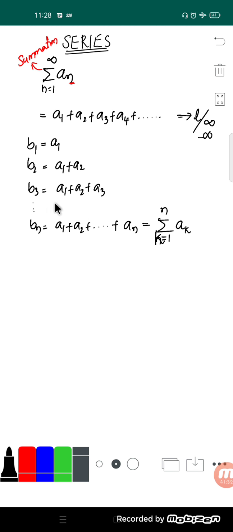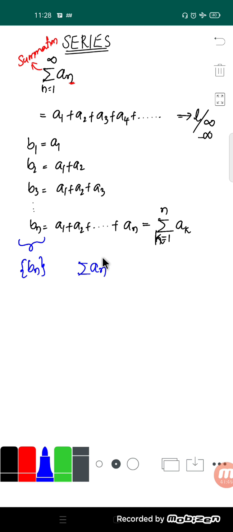Now we do some examination here. The sequence bn and the series an have the same behavior.